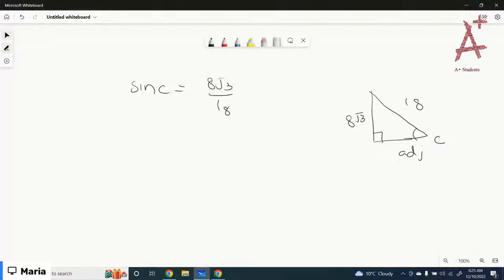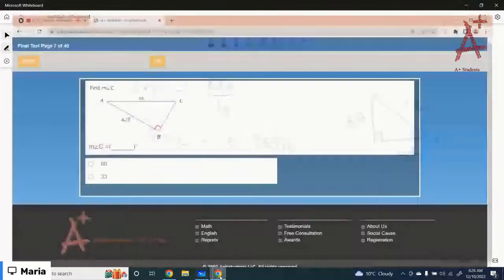So 8 square root 3 is 13.85, divided by 18. Sine C equals 0.7694. Got it?